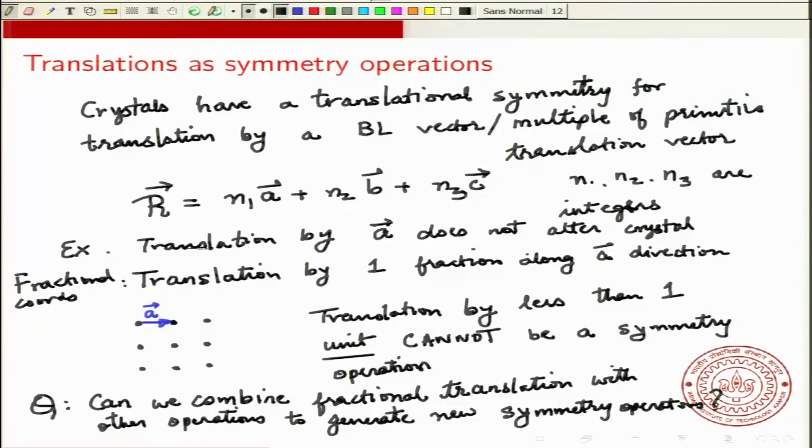The answer is yes, and we will see in the next two classes how this is done. We will see that this leads to two new symmetry operations called the glide planes and the screw axis. But we will do that in the next class.